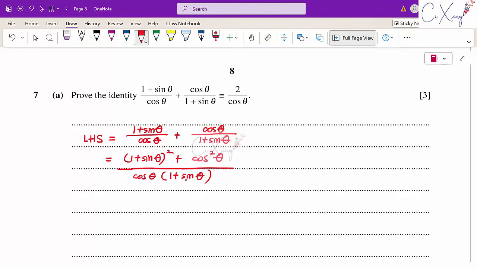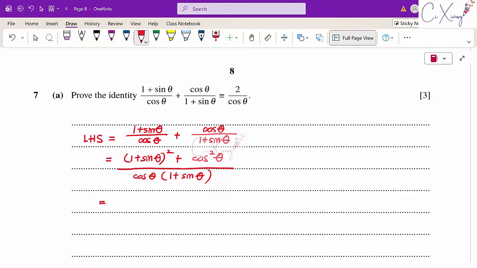Then, if you have a look at the fraction, the denominator is very simple, it's only a product of terms. But the numerator looks a bit more complicated. To make it simpler, I might need to expand the term on top and see how we can further simplify it.